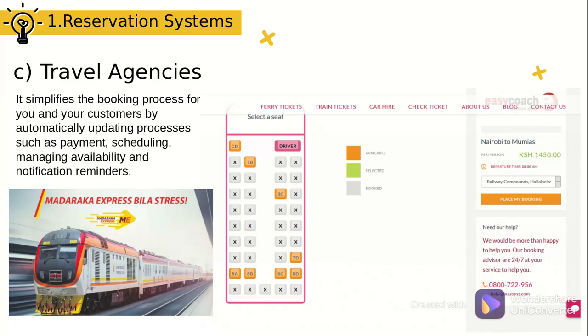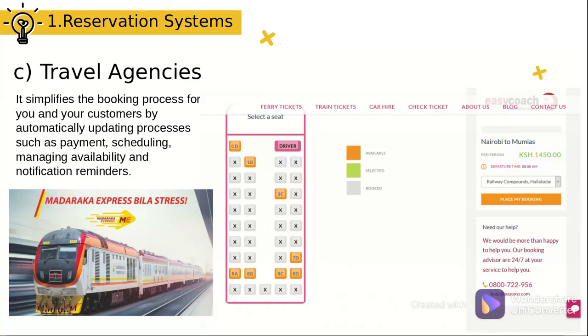How? By automating transactions such as customer data, updating booking information, payments, scheduling, and many others. It also helps to keep customers on your website so they can see the choices available and book the one they need without switching among different sites and services, or without having to make phone calls.